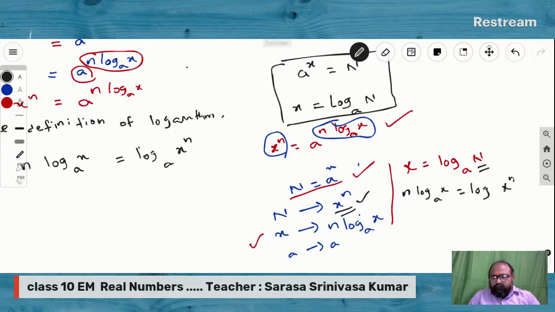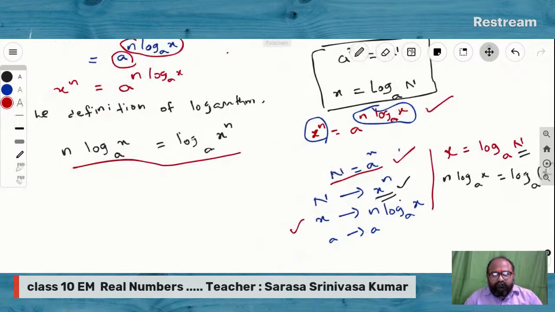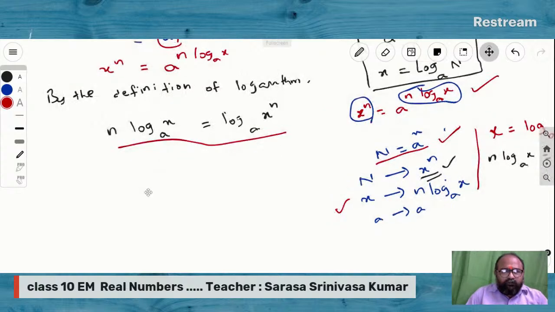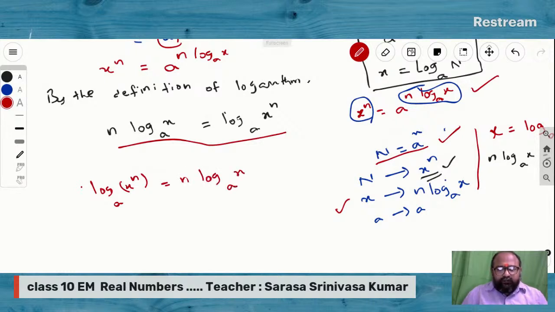So in place of capital N we can write x power n to the base a. This is how we have written the result. Therefore we can write log x power n to the base a equal to n log x to the base a. So this is a very important result. We have proved this.